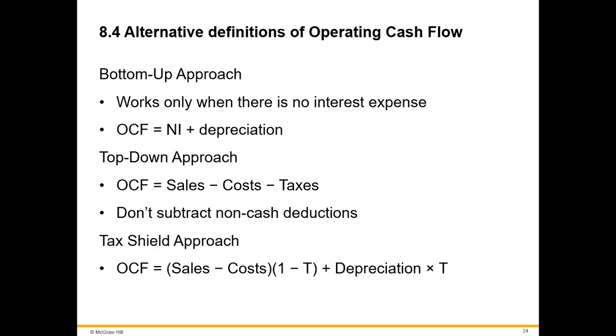Depreciation is deductible, so you have a tax savings from it. Multiplying by the tax rate gives how much money you save. We add that cash back to the first part of the formula, and that's our operating cash flow using the tax shield approach. Three different approaches. You pick which one works for you.